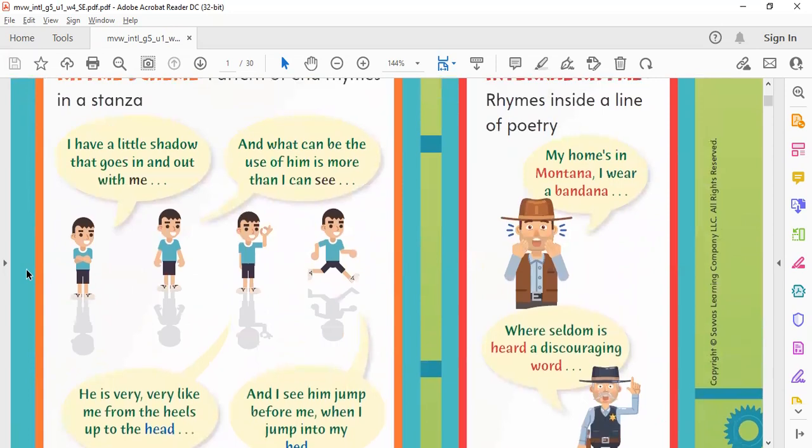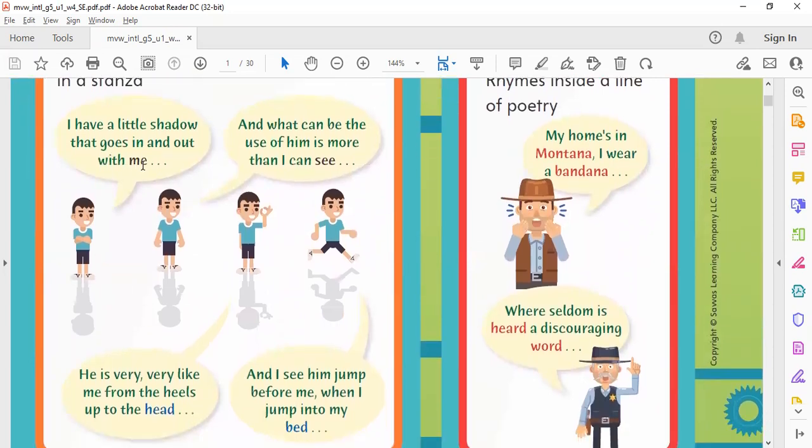As you can see here, the ending is "me" and "see", so it's a long E. But here we have the ending as "ed". This rhyme scheme is A, B, B, A, because those two rhyme together, so we call them A and A, and those two rhyme together, so we say B and B.